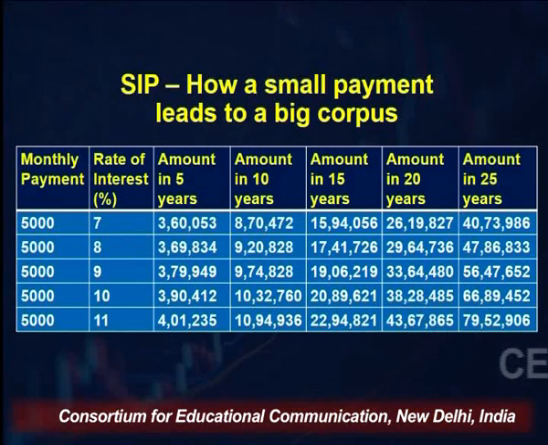Through these figures, what I have tried to show is how through SIP you can increase your investment, or get the benefit of investing through SIP. Suppose you are making an investment of 5,000 rupees, and the rate of return you are expecting is 7%.